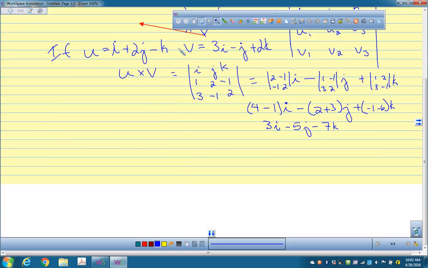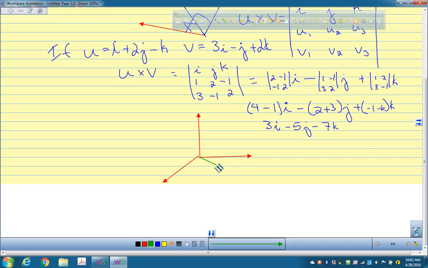Just to kind of, I'm going to try to draw this for you. Here's my x, y, z axis. Okay, so if I have vector u, okay, let's do a different color. So here's vector u, which is out 1, this way 2, and down 1.